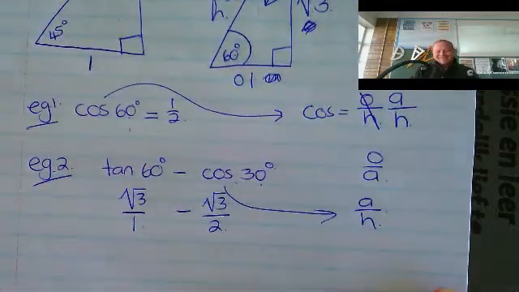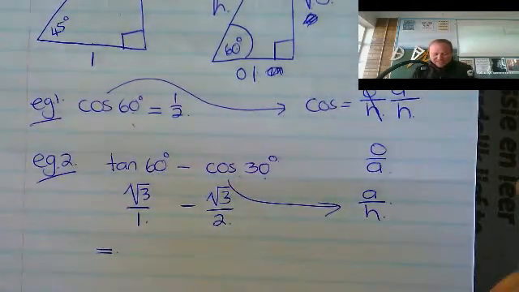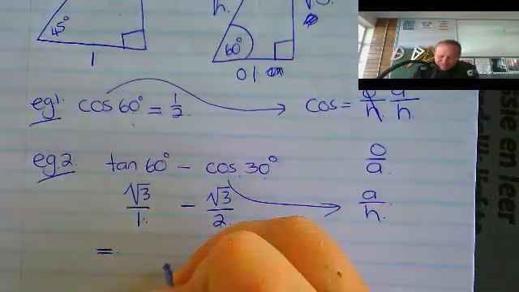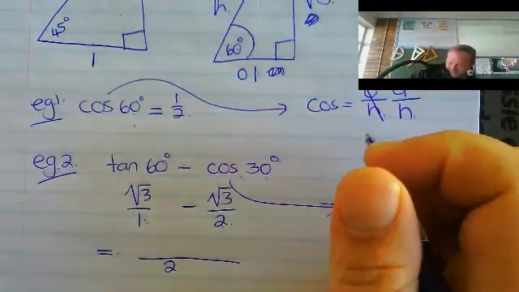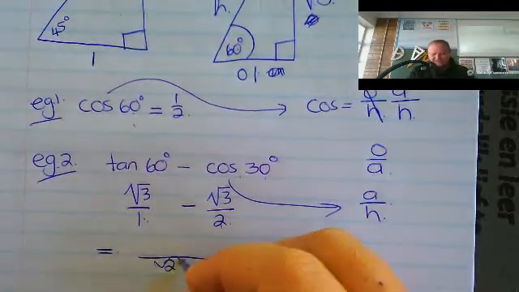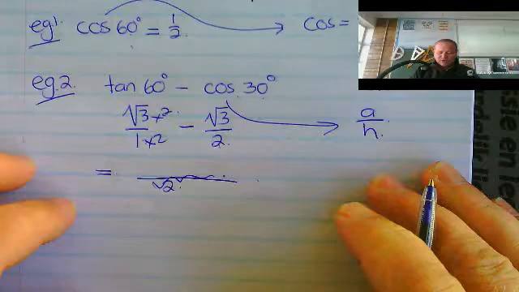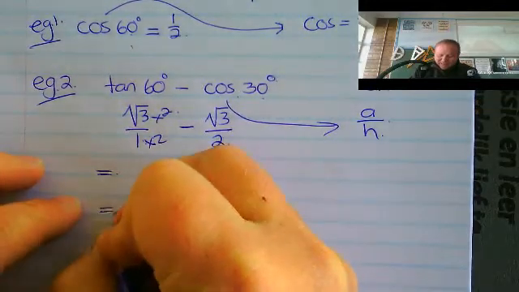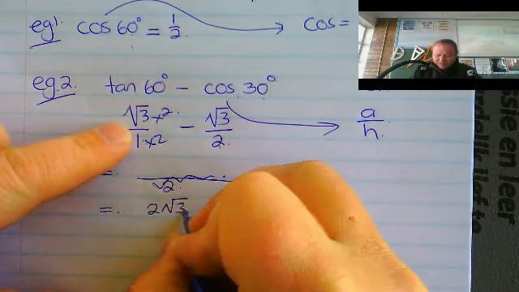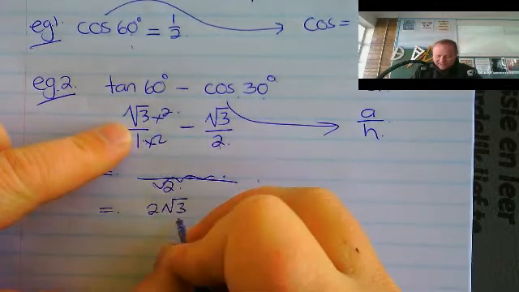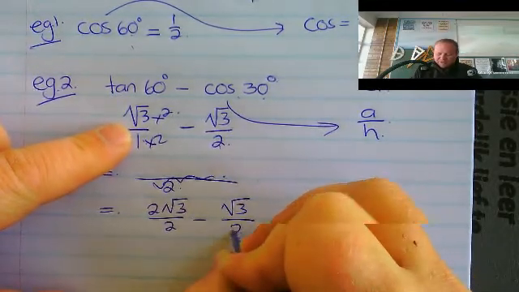And now we must just simplify this. We must get the lowest common denominator, so that will be 2. Let me do it like this. I'm going to multiply by 2, because 2 is the lowest common denominator. So that will give me 2 times the square root of 3 over 2 minus the square root of 3 over 2.